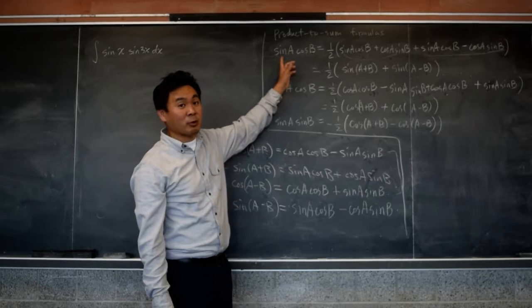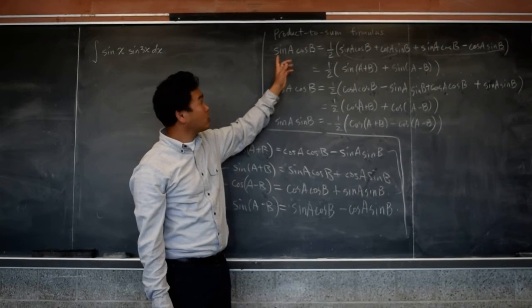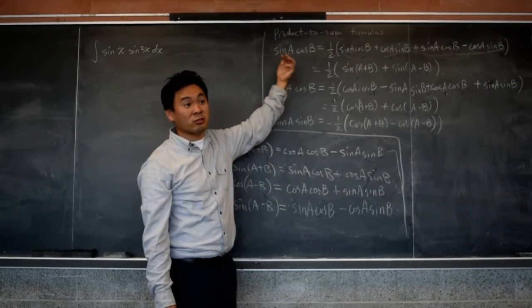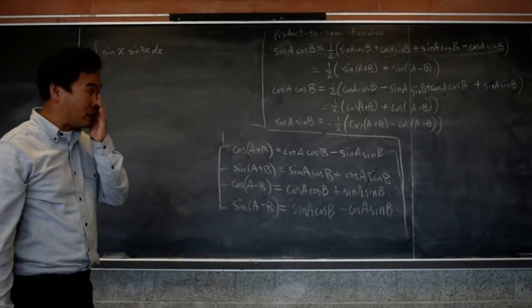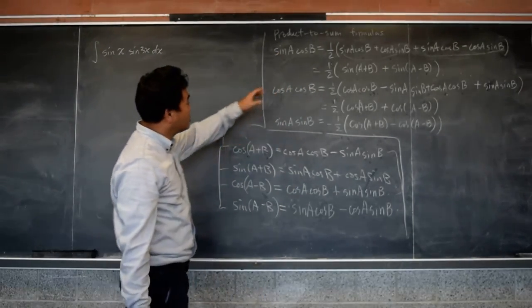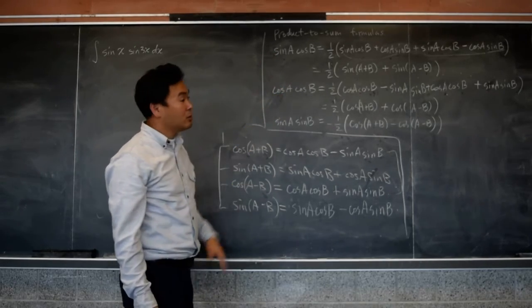So you don't need a separate formula for cosine A times sine B. Just switch them and rename them. So there's no need for the fourth one. You only need these three.